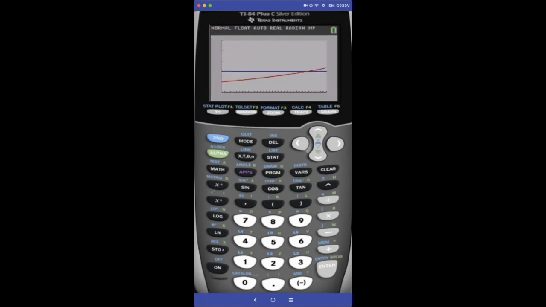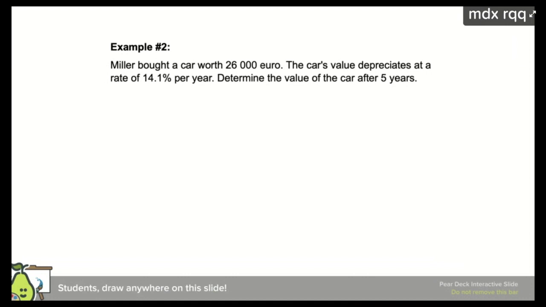Boom, I see the intersection right there. Calc, intersect number 5. Go all the way over here. Press enter 3 times. 1, 2, 3. See? Same answer.